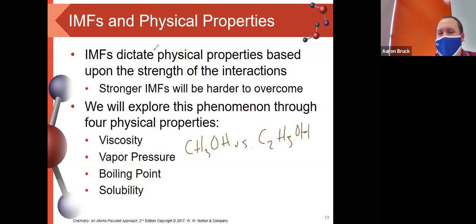How do I know that ethanol has a higher boiling point than methanol? Well, the dispersion forces are going to be greater in the ethanol than in the methanol, because ethanol is a heavier molecule.